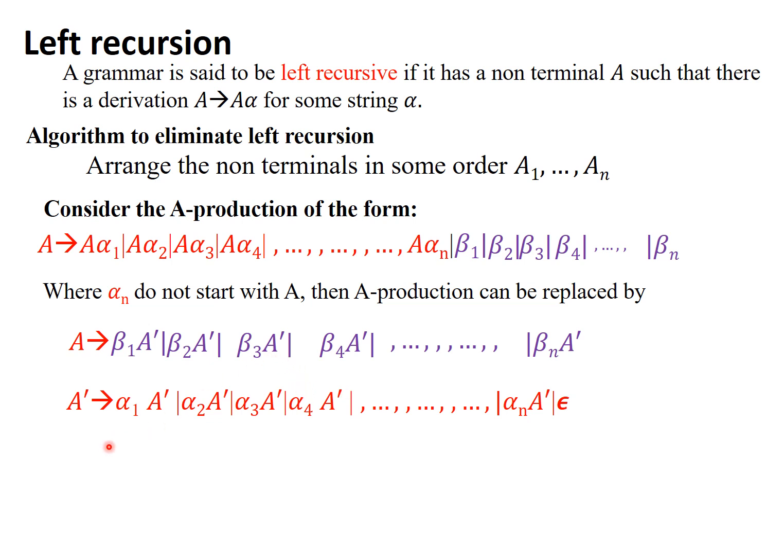Then what will be the A dash? A dash will be alpha 1 A dash, alpha 2 A dash, alpha 3 A dash, etc., epsilon. So these are the steps to eliminate the left recursion.